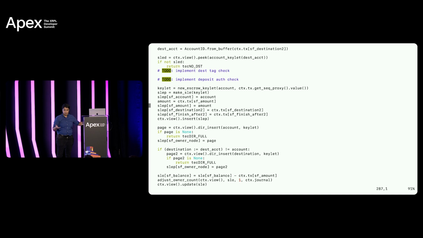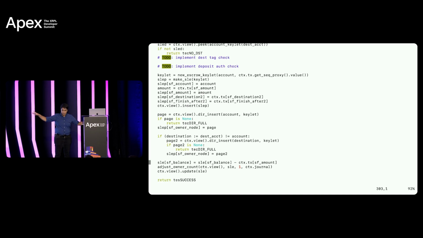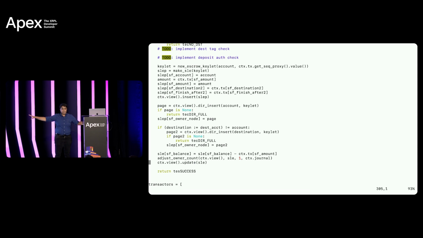And then you can fill in all of this information into your object. Then this insert function on the view is where you actually put the object on the ledger and make the changes. And down here, this update is how you're updating an already existing object. So you use insert, and that's how you commit the changes to the ledger. You might make all of your changes, but if you forget that last commit statement, none of it counts. It's just like committing to a database. Cool? This code will be accessible later as well.